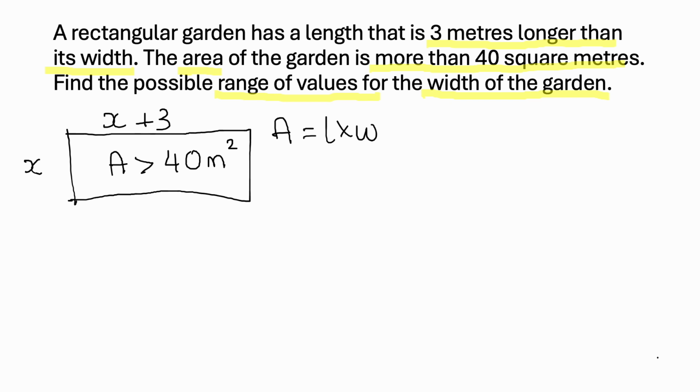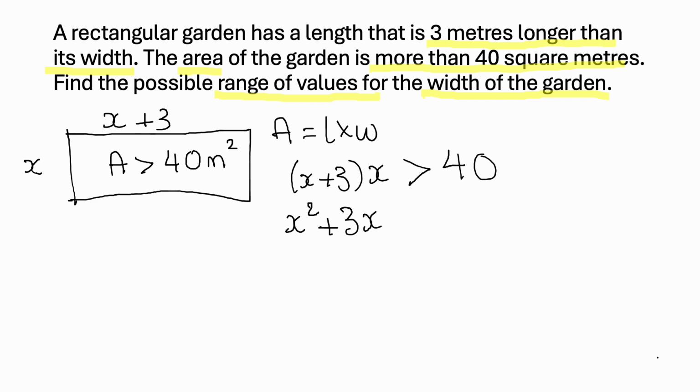So essentially we just substitute in our values here. Our length is x add 3 times by x, which is our width. And because it has to be more than 40 meters squared, we add that inequality. It's more than 40. Next we expand the brackets. So x times by x is x squared, and 3 times by x is plus 3x, is greater than 40.